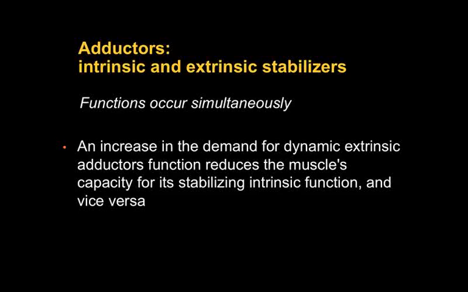There is an increase in demand for dynamic extrinsic adductor function that reduces the muscle's capacity for its stabilizing intrinsic functions and vice versa. Another way to say that is, if the adductors are having to stabilize the pelvis because the other core muscles aren't doing their job, then there is less ability for the adductors to work as adductors for the hip in either a concentric or eccentric fashion, and therefore overload may occur, creating injury.